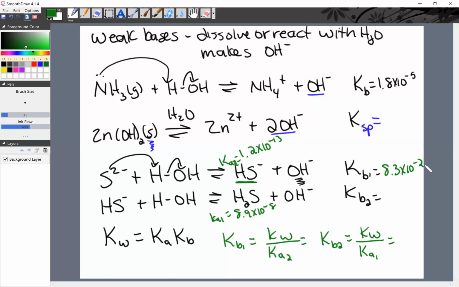Better check that again. 8.3 times 10 to the -2, and Kb2 is going to be 1 times 10 to the -14th divided by 8.9 times 10 to the -8th, and so 1.1 times 10 to the -7th. Check again. Yep. And that is how you would go back and forth in between the Kas and the Kbs.